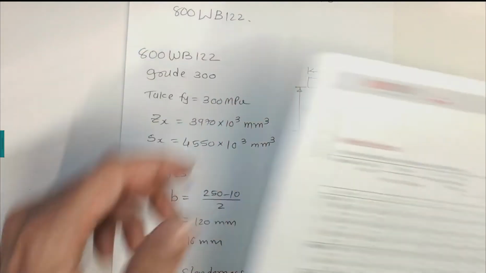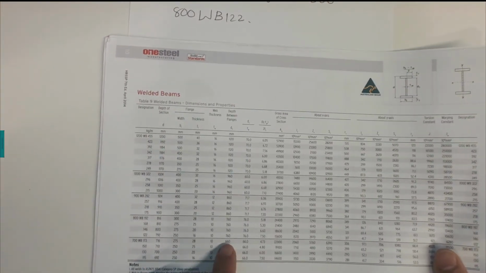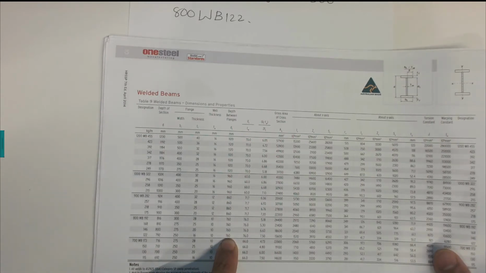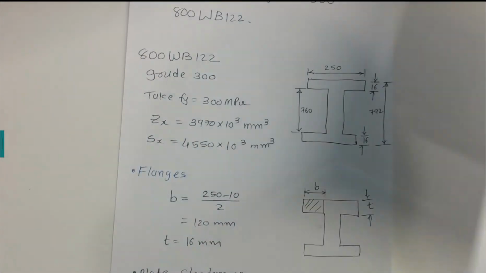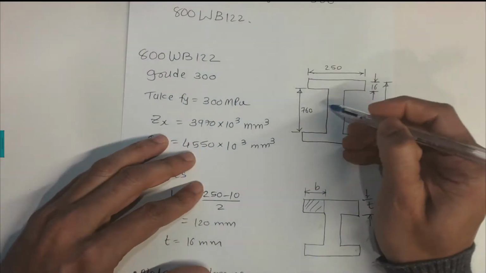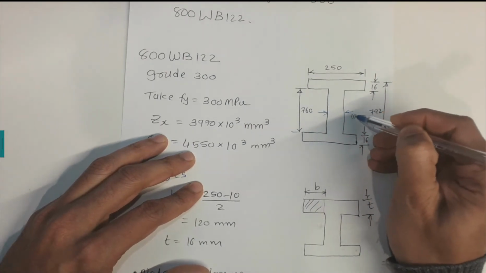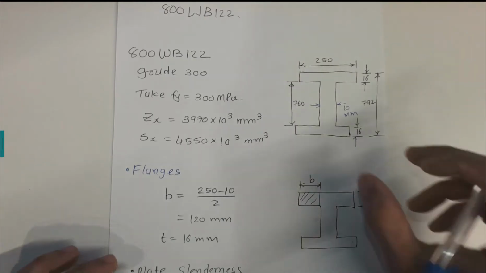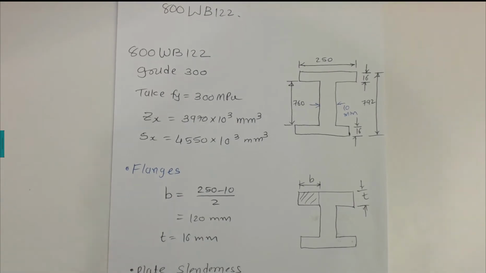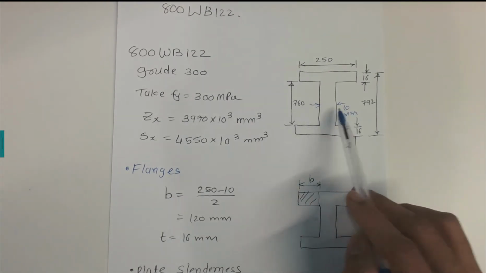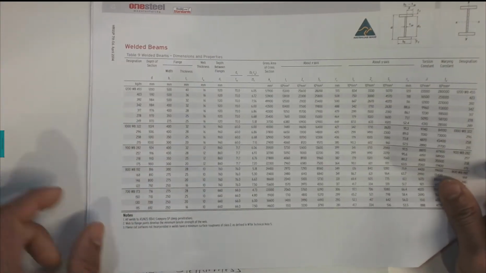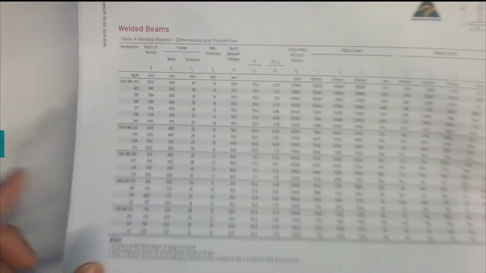And we have 760, which is the depth between the flanges. The web thickness is given as 10 millimeters. You can extract this information from the OneSteel tables: the thickness of the web is 10 millimeters.